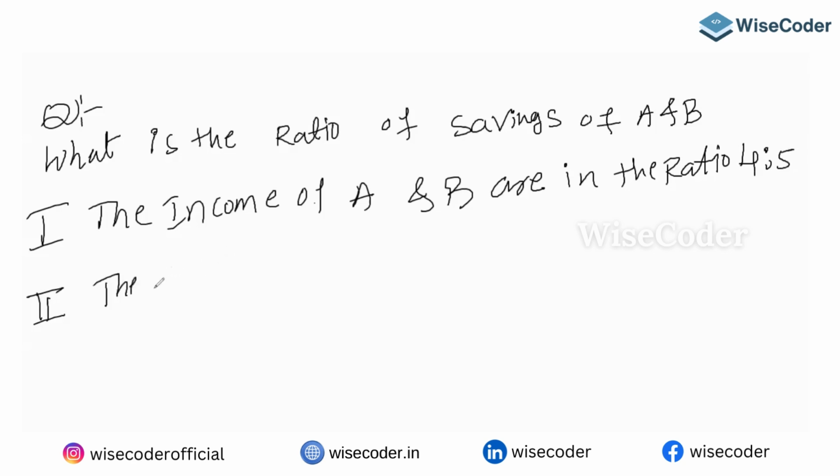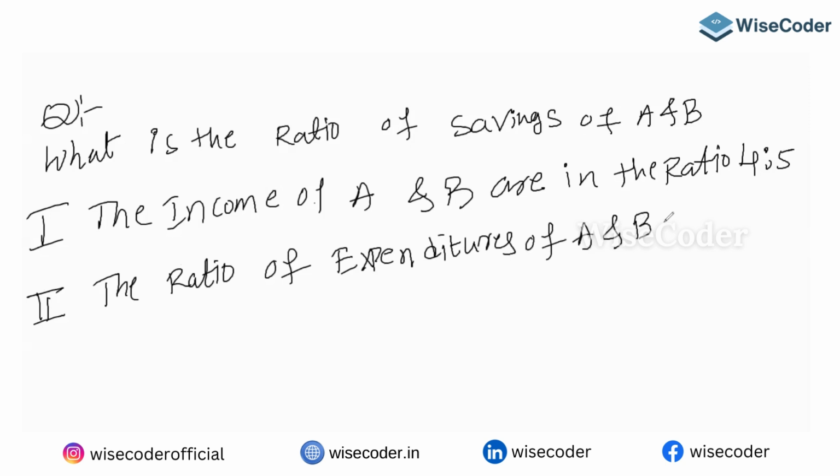Statement 2: the ratio of expenditures of A and B is 4:5. So they are asking, what is the savings ratio?